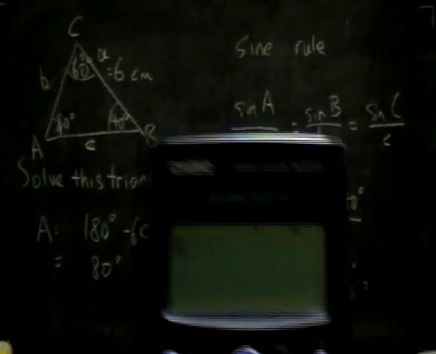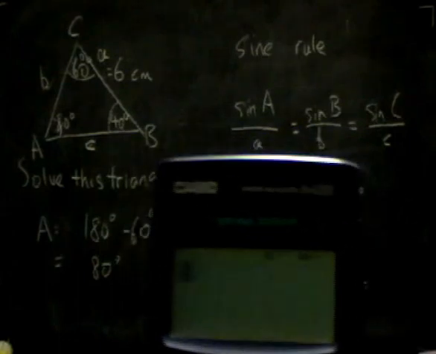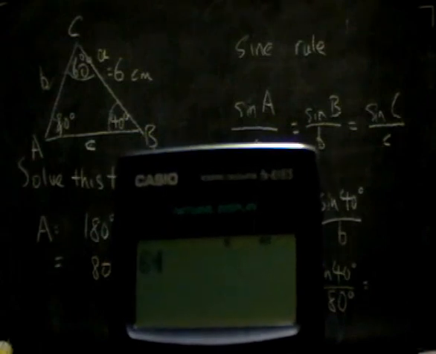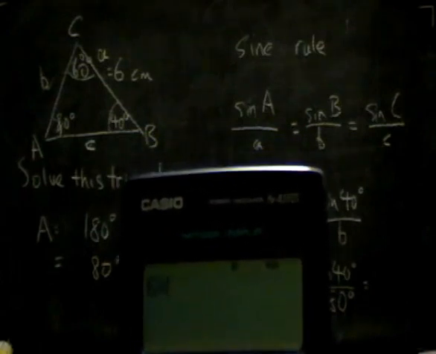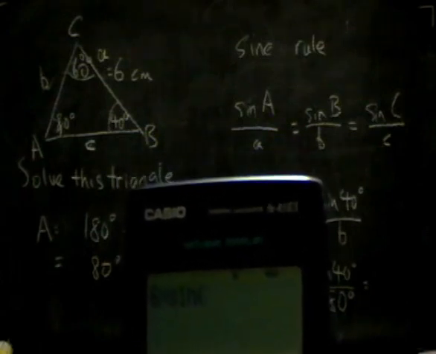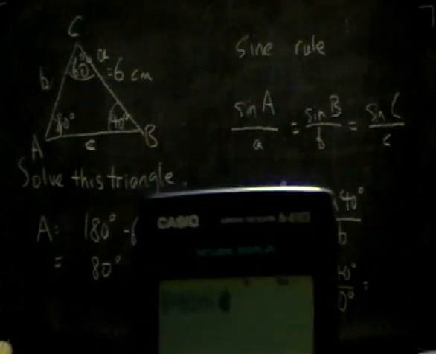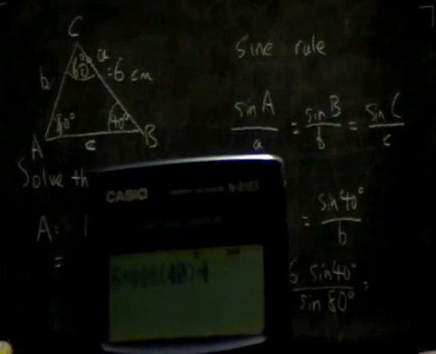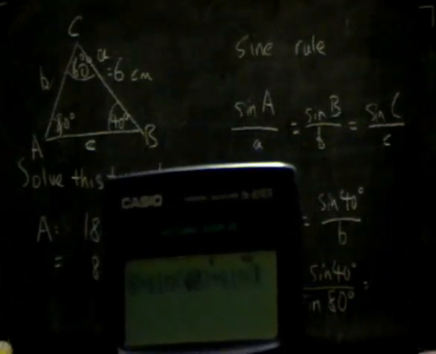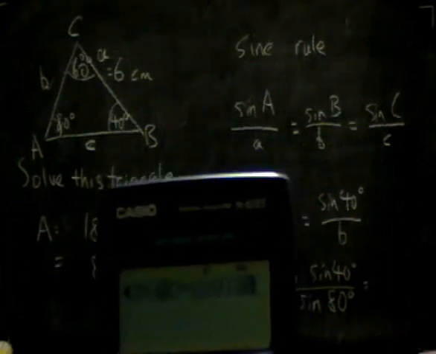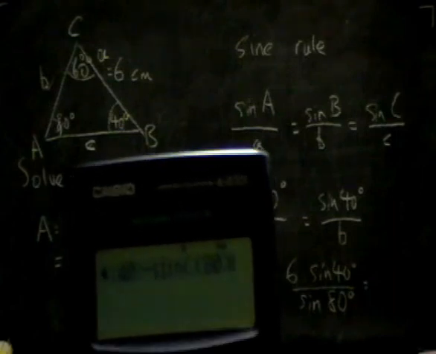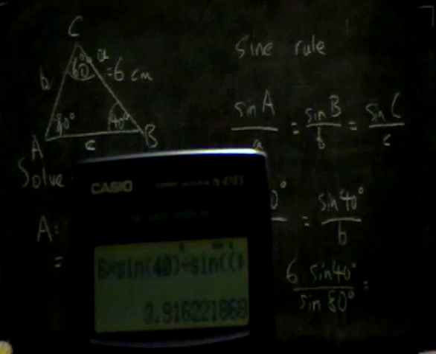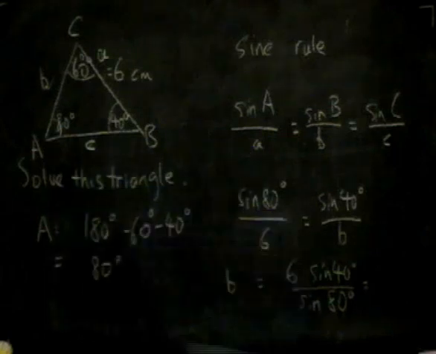I have a 6 times sine 40 close bracket divided by sine 80, equal, 3.916.